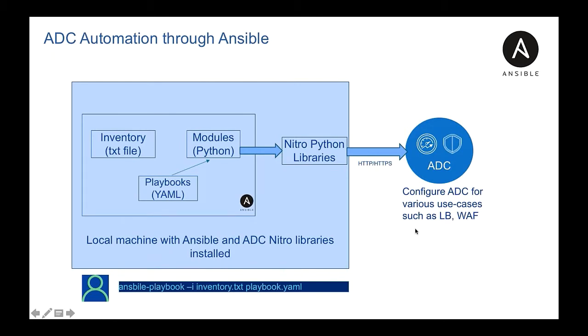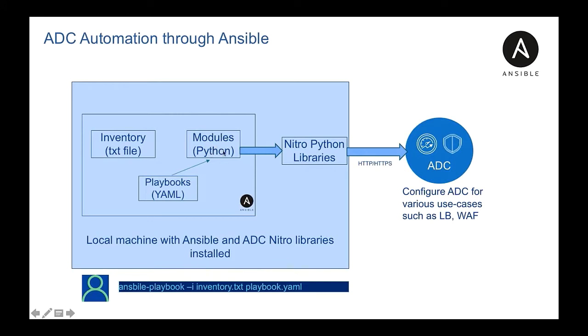Now let's look at our ADC automation through Ansible. Ansible is an open source tool for automating the deployment and configuration of IT infrastructure. We provide Ansible modules for Citrix ADC, and these are available for any user in GitHub to download and use for free. As you see here, we have different components as part of the Ansible modules.